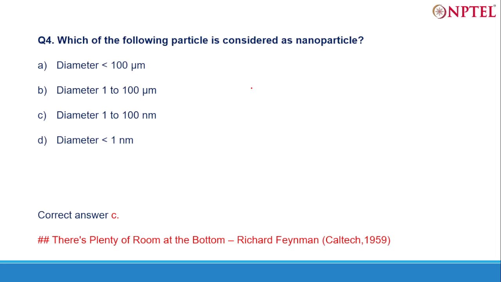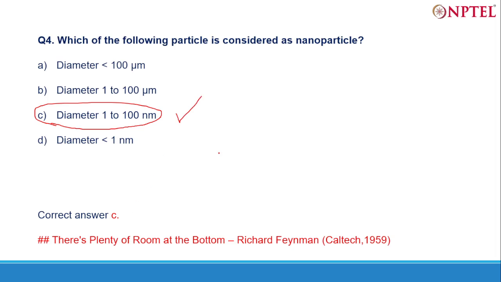As per the definition, if any of the dimensions of the particle falls within a diameter of 1 to 100 nanometers, then it can be called a nanoparticle. Going by that definition, option C seems correct, diameter 1 to 100 nanometers. So this is the correct option.